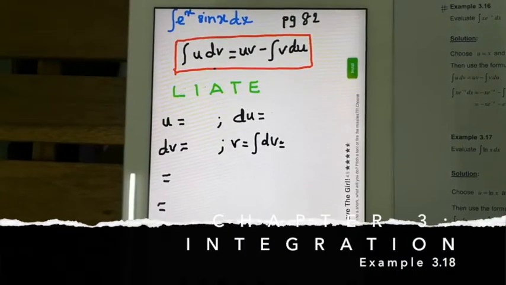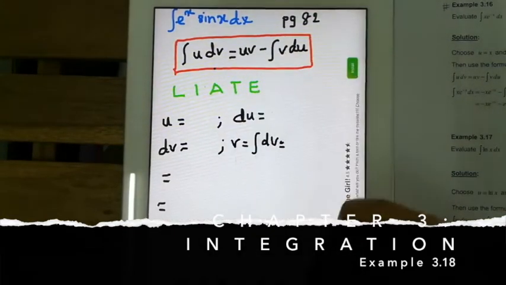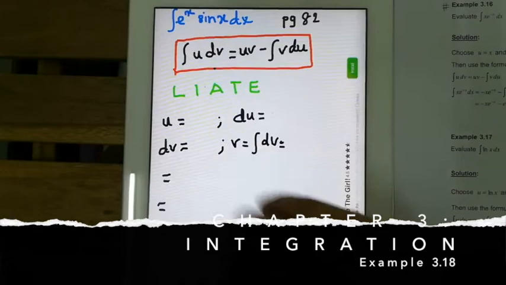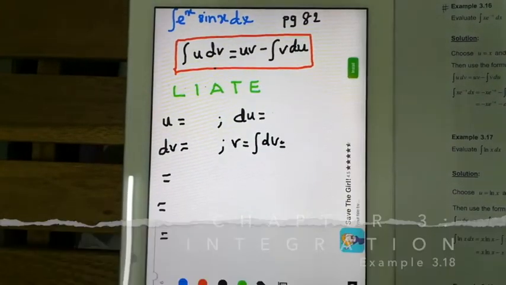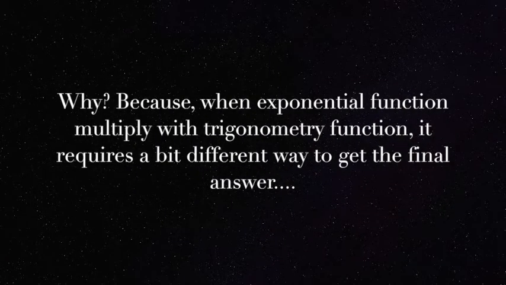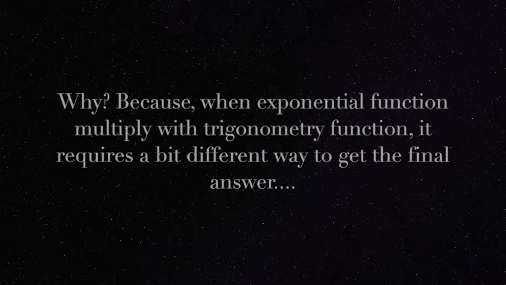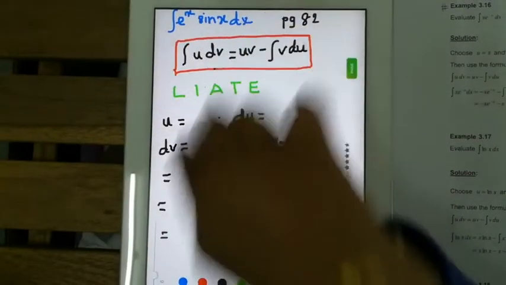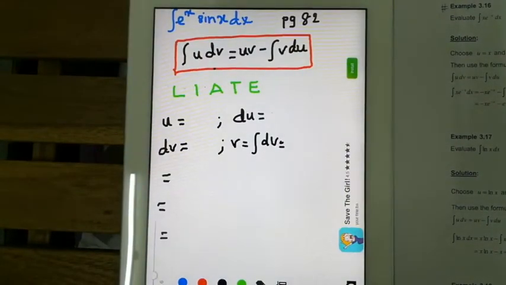Example 3.18, still on page 82. This example is quite interesting to discuss. We have e^x sine x dx.